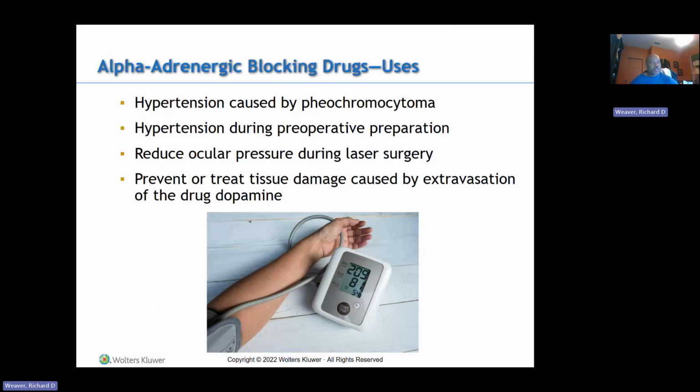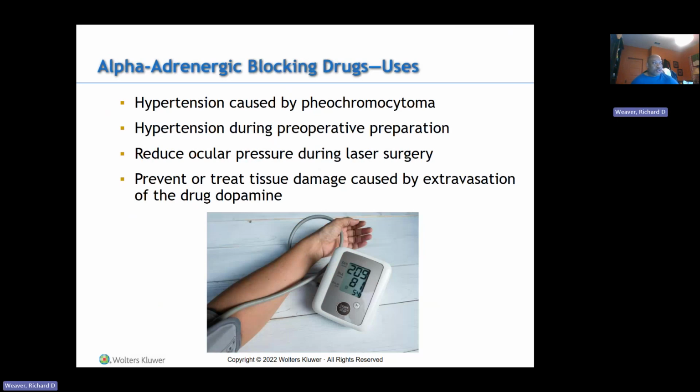So we give them these drugs in order to lower that blood pressure by dilating those arteries. Reduce ocular pressure during laser surgery. You guys have heard of, for example, glaucoma. That's when you have an increase in pressure in the eye itself. And of course, this drug has a way of decreasing that pressure.